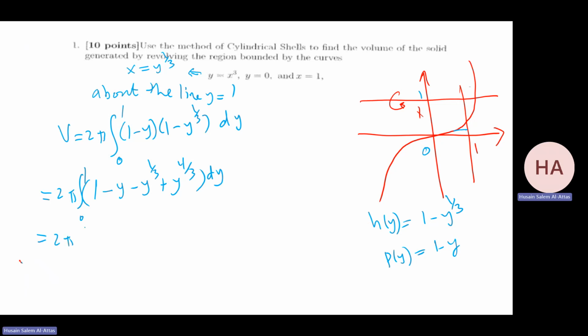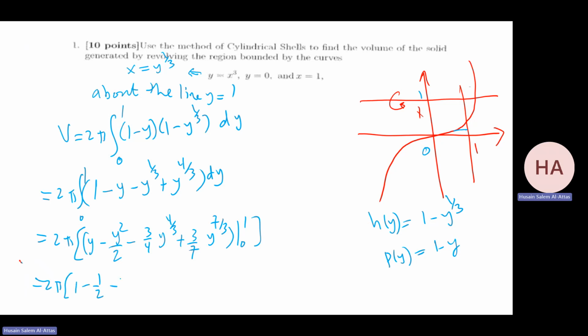That will be 2 pi times y minus y squared over 2 minus 3 over 4 y to the power 4 over 3 plus 3 over 7 y to the power 7 over 3, from 0 to 1. That will be 2 pi times 1 minus half minus 3 over 4 plus 3 over 7.